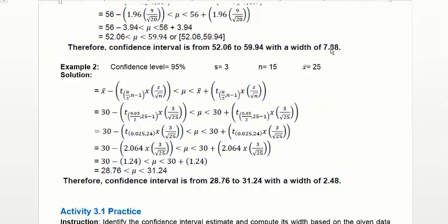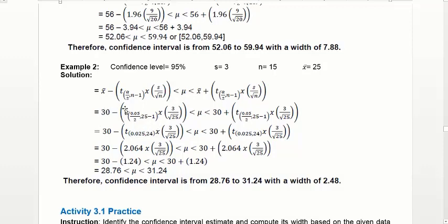1.36. Okay guys, I'm so sorry, but the solution in the module is wrong. Why? Because the N they used is 25, and the mean they used is also not the same. It should be 25 here.